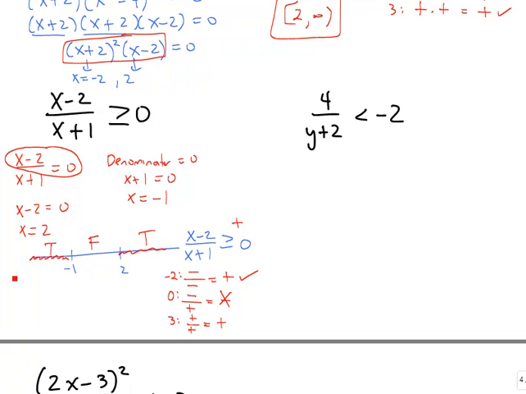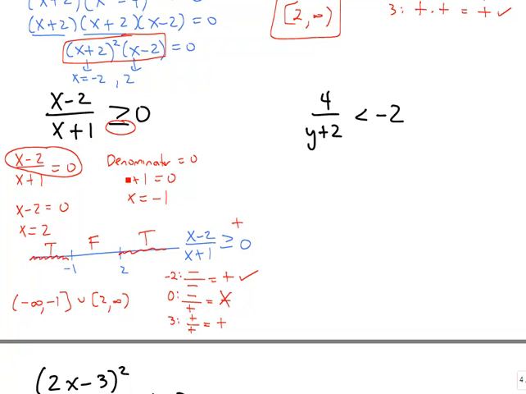So when you write your interval, it's tempting to just say minus infinity to -1 with a bracket, union 2 to infinity with a bracket, because we had an equal bar. However, there's something a little bit wrong with that solution. Remember that -1 wasn't where this was equal to 0. -1 was actually where this fraction became undefined.